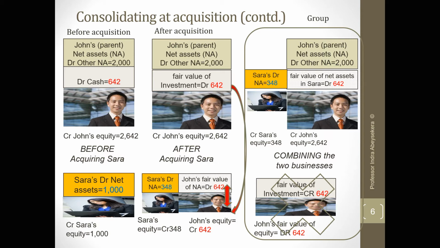It looks like a within-group transaction, so we have to eliminate it. When we eliminate 642, cancel it out, what we end up with is John's net assets of $2,000 in the group, Sarah's net assets of 348, and the fair value of net assets in Sarah that John bought effectively is 642. Altogether, Sarah's net assets is $1,000.